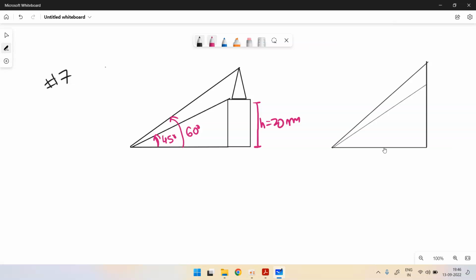This figure ultimately will look like this, and this angle is 45 degrees. I have drawn this in triangular form, and this is h equal to 20 meters, the height of the building.